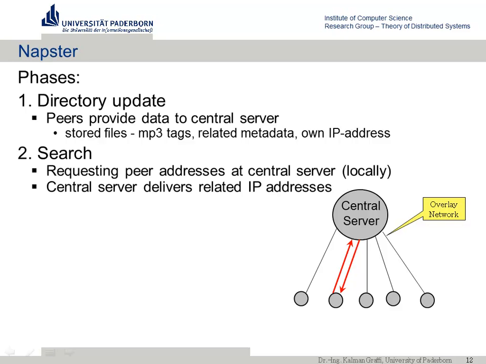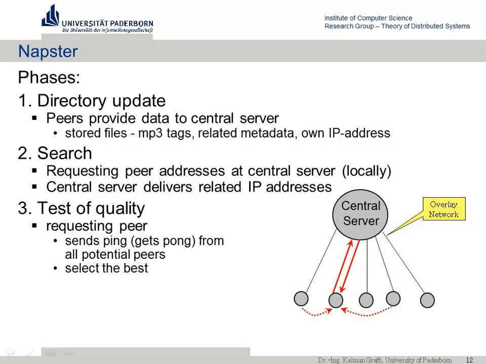You have the search phase, where you ask the central server for peer addresses which offer something that you want. And then you get a list of peers who offer that file. The next phase was basically to test the quality. So the peer asked every node in this list to determine the bandwidth to them.